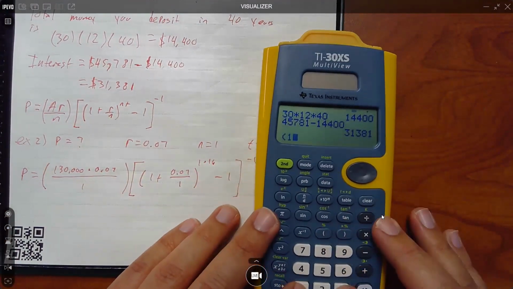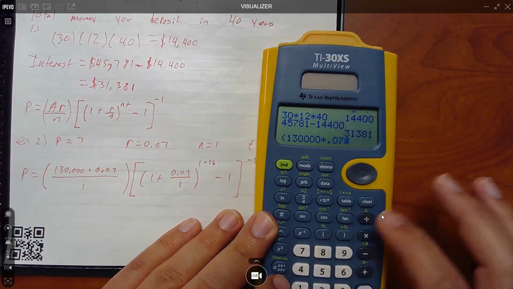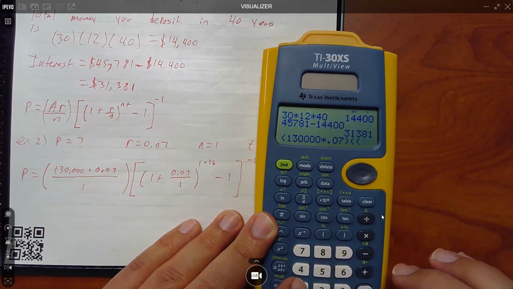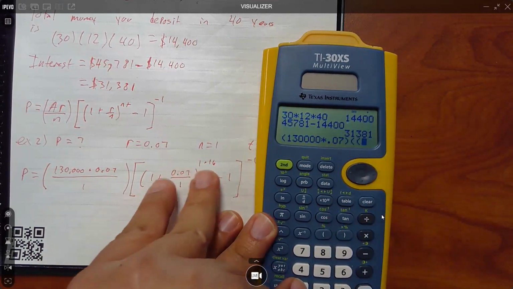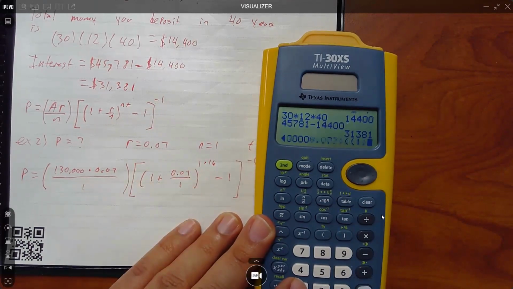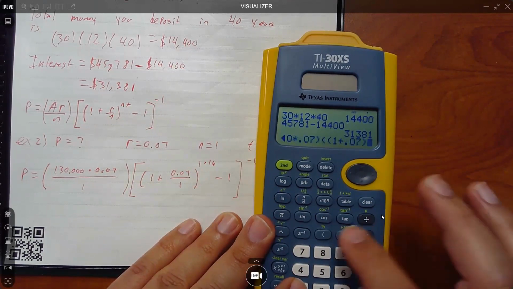So 130,000 times 0.07. I'm not going to put the 1 because it doesn't really do anything. Double parentheses because I got to make this piece first. So 1 plus 0.07. That 1 doesn't do anything, so who cares?